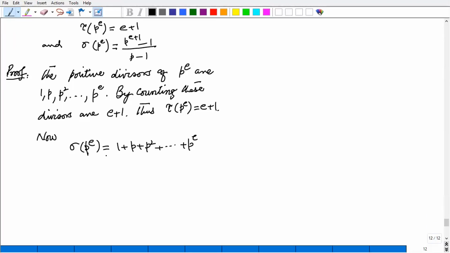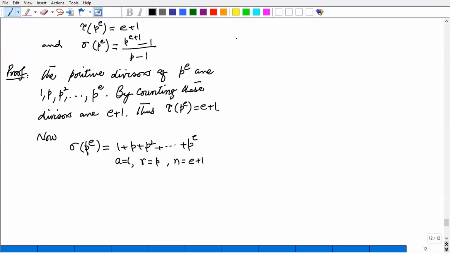Okay. So look at here. This series is a geometric series with first term equal to 1 and common ratio equal to p. And how many terms are here? e plus 1. This is first, this is second, this is third, and this is e plus 1. So n is e plus 1.